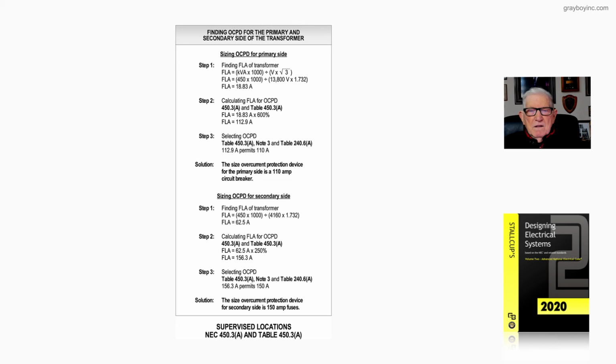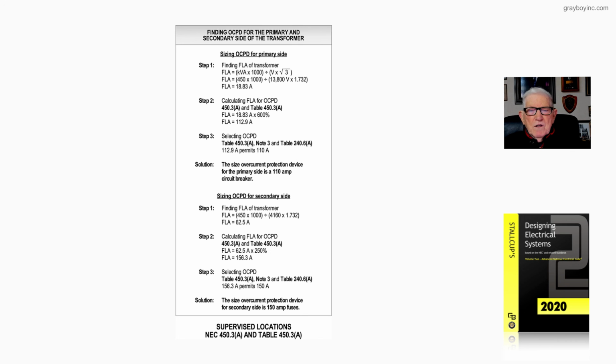And it would be C37.06 for circuit breakers, and for fuses C37.46. So the solution then for the secondary would be 150 amp fuses, and for the primary it would be 110 amp circuit breakers if we selected in accordance with the NEC.